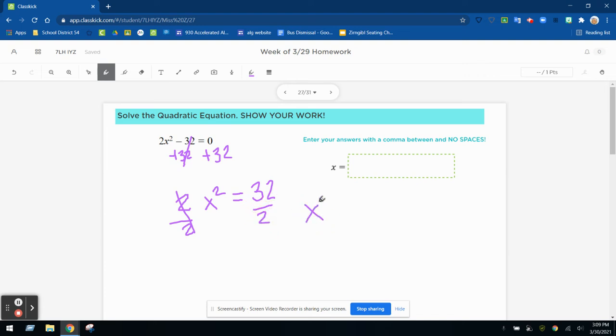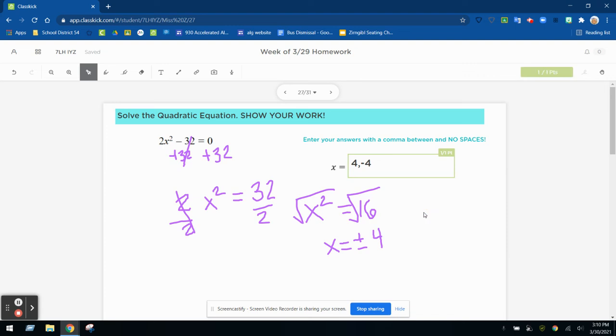Now I have x squared equals 16, where I can very clearly see that I can square root both sides to get x equals plus or minus 4, positive or negative 4. So if you really only have one variable and it's a squared variable, your best route is to solve by taking the square roots. It's going to be the easiest for you.